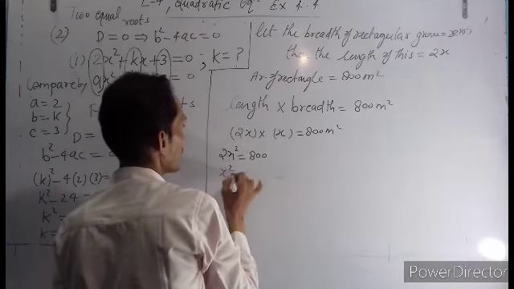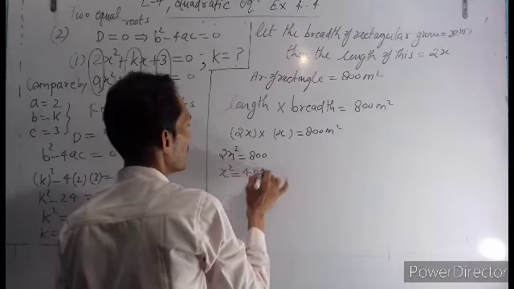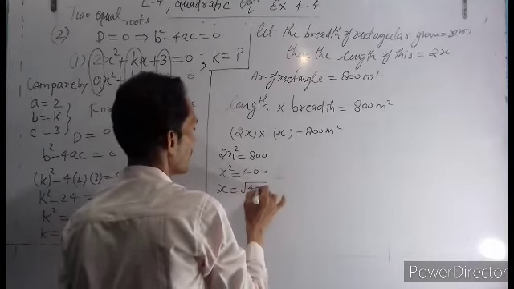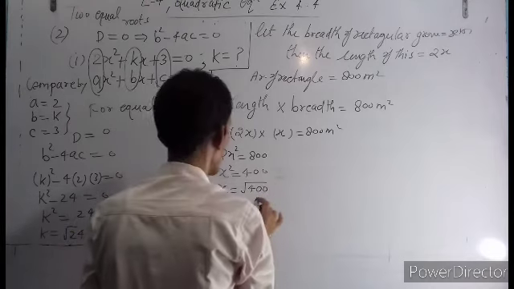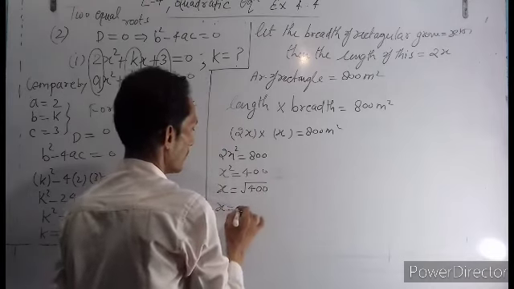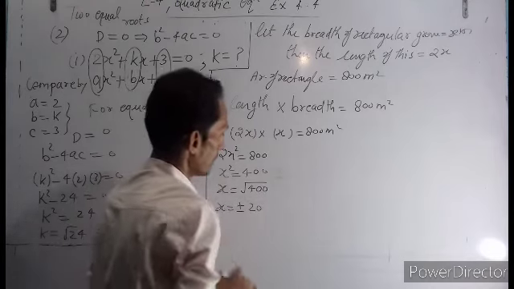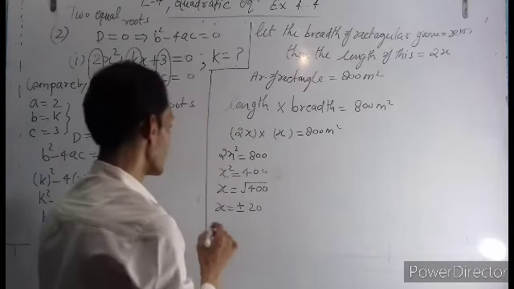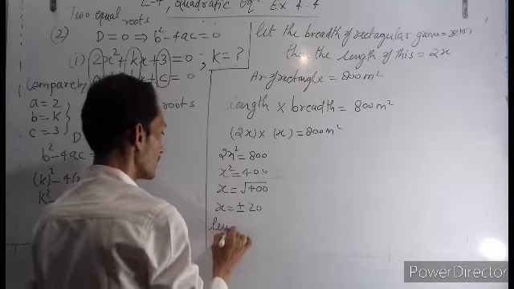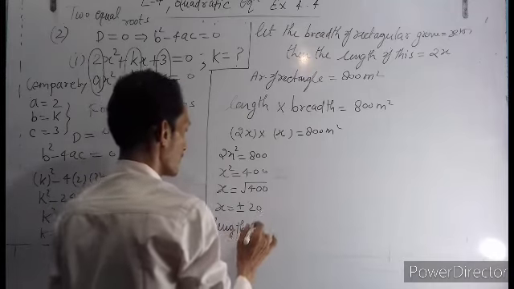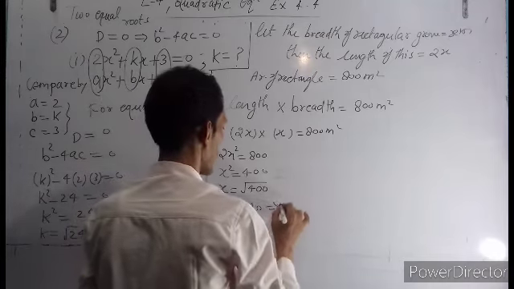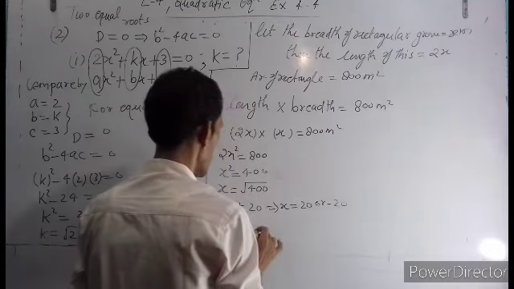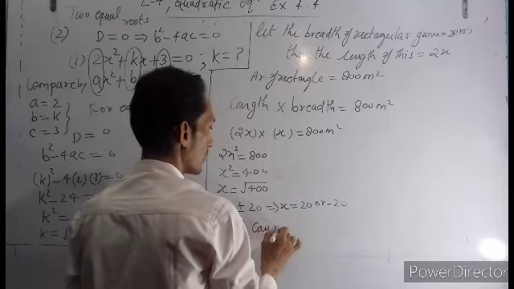So x square equal to 400, then x equal to under root 400. So x equal to plus minus 20. Okay, so length cannot be negative, so we take only, x equal to 20 or minus 20. Length cannot be negative.